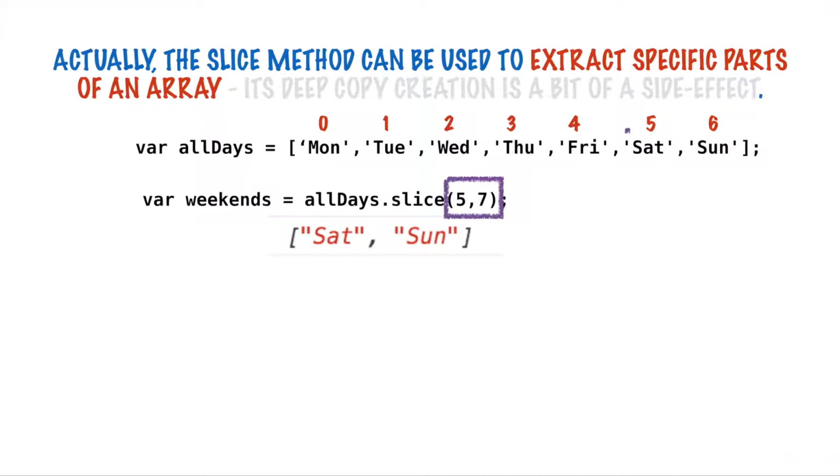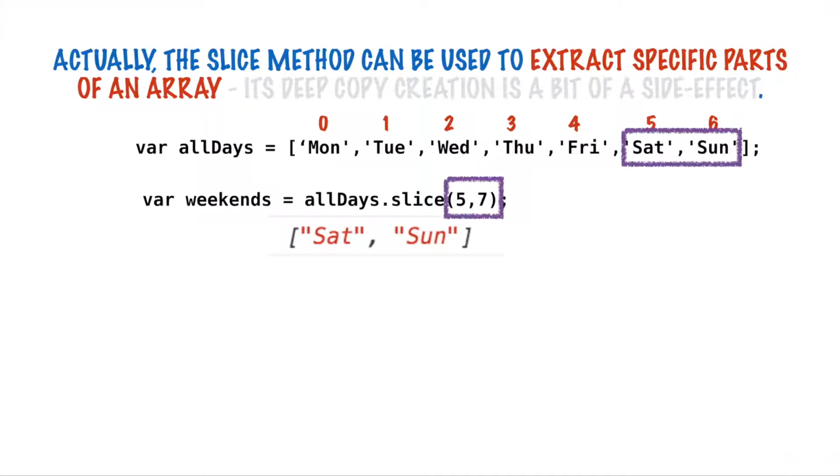So what exactly does slice do? Notice the element at index 5. It is Saturday. It includes that in the result. Notice the element at index 6, it's Sunday. It includes that in the result as well. So we've got the elements at index 5 and index 6.